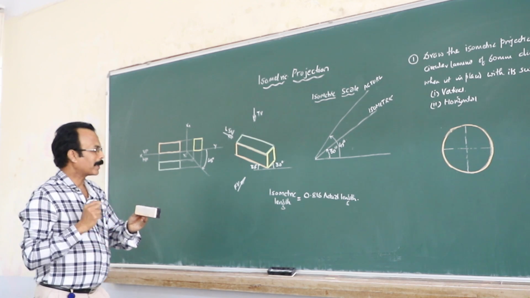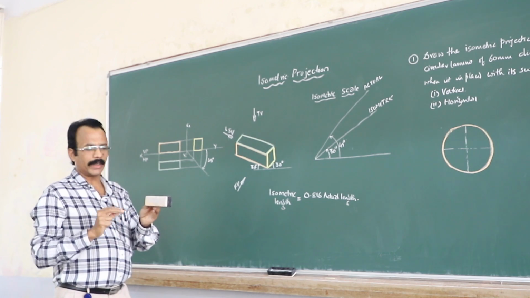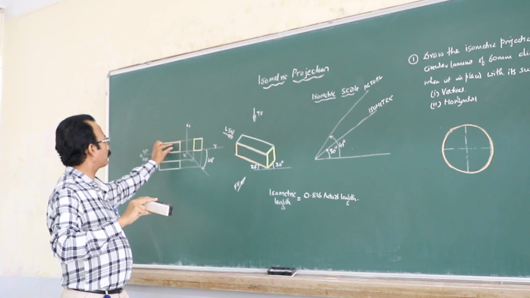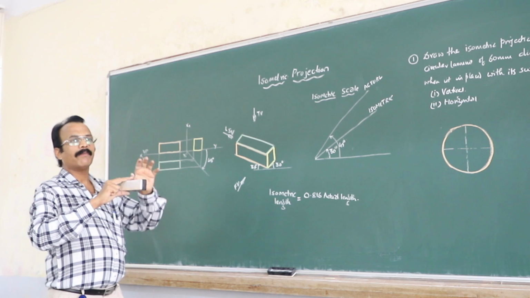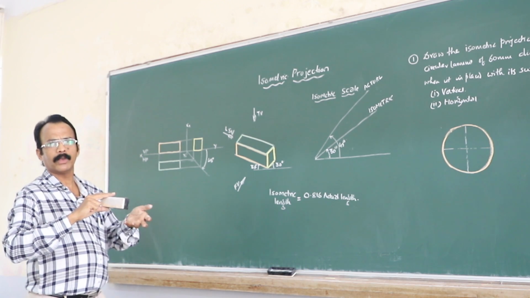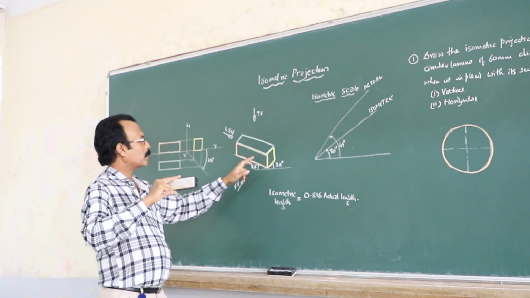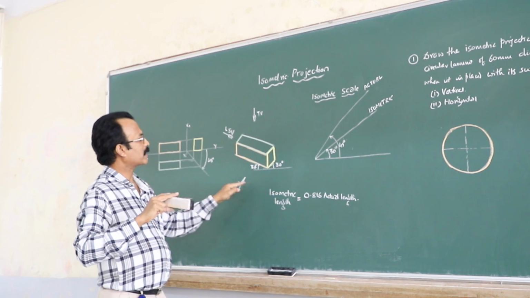Now, in pictorial drawing or in isometric projection, what we have to do is combine all these three views, front view, top view, side view, together and give a 3D drawing, which is called the isometric view or isometric projection. So, you can draw the isometric projection of the same duster in this fashion here.